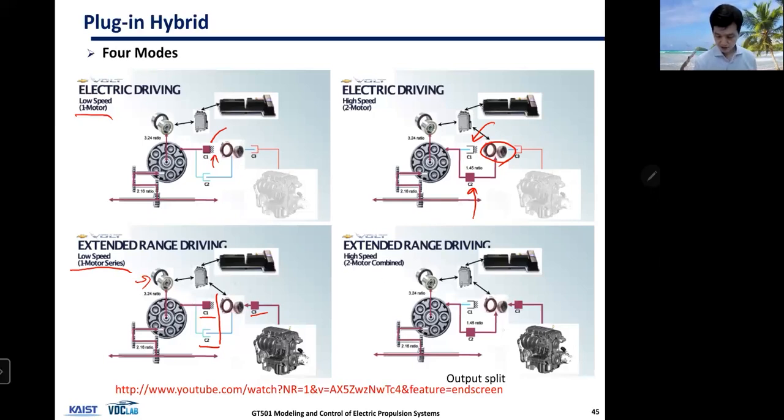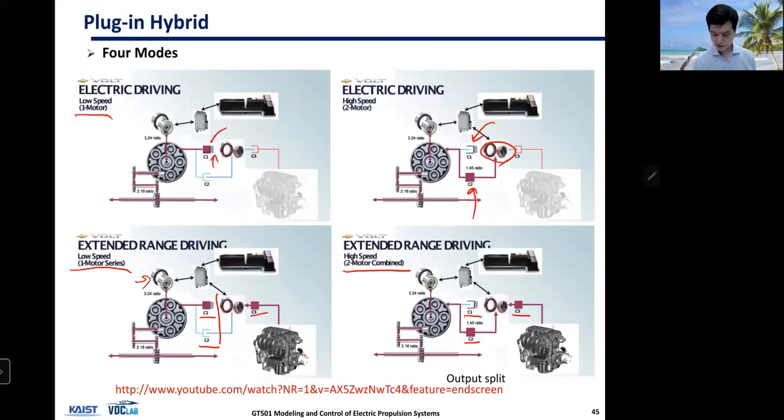And then if you look at this high-speed hybrid mode, then you need C2 and C3 engaged and C1 disengaged.